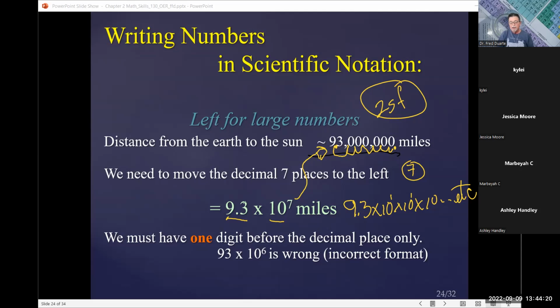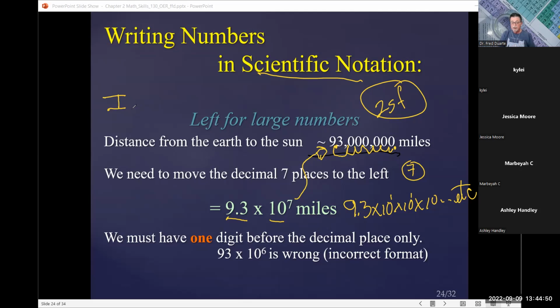Now, the format for scientific notation is important. It's an integer, which I'm going to denote by the letter I, whatever the integer is. Now, you may or may not need a decimal point; it depends how many sig figs you have.